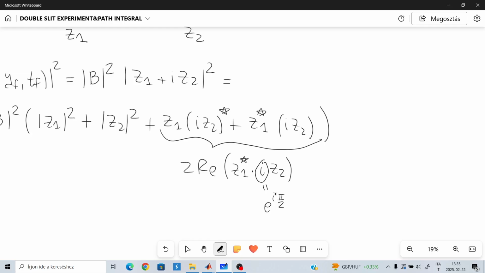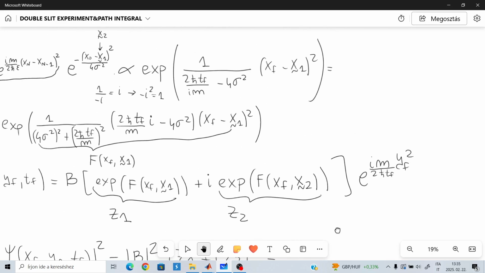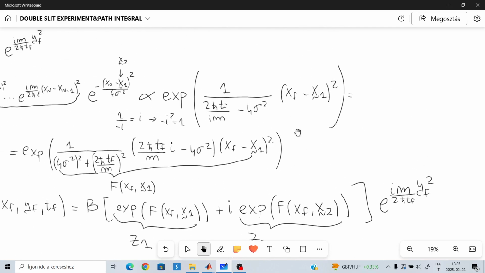So this can be combined with these complex numbers. And I want to write z1 and z2 in the following fashion in particular. So this would be, for example, z1, and in order to simplify the notation a little bit, we can also write this in the following fashion: the exponential of a plus ib times xf minus x tilde 1 squared.